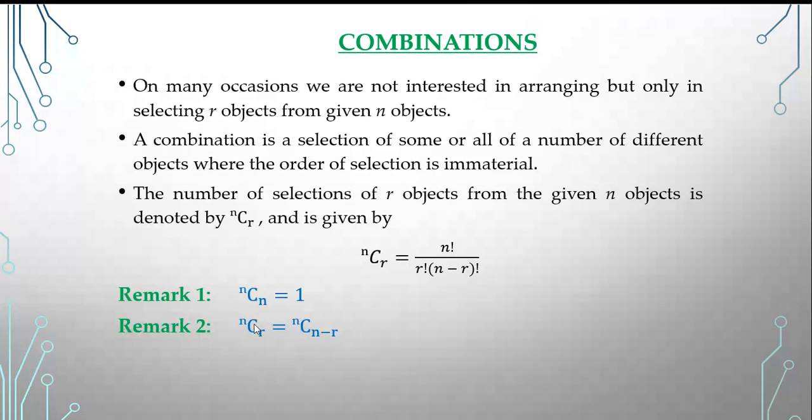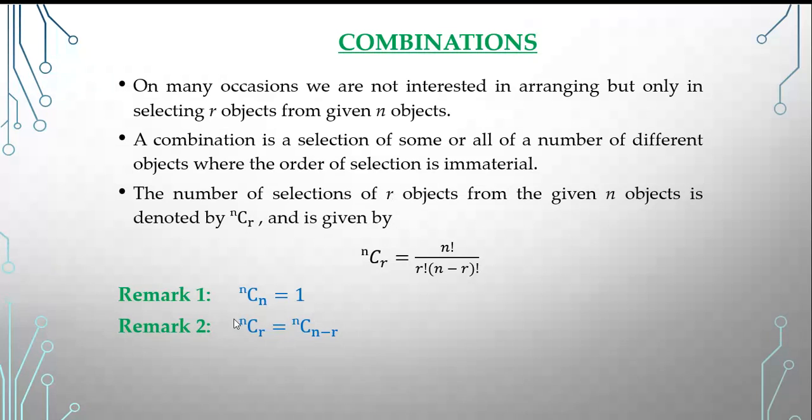Now the next one is nCr is equal to nC(n minus r). What does it mean? If we select r objects out of n objects, that is nCr, and this is equivalent to selecting the n minus r objects, that is the remaining objects, from the n objects.